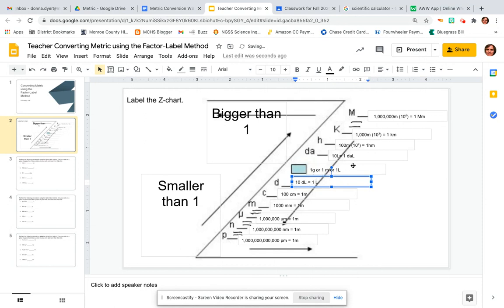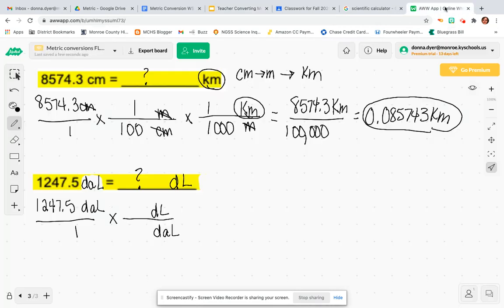So notice again, I do not have a conversion factor that has both deca and deci in it. I'm going to have to use 2. So what do those two have in common? They both have liter in common. So what this means is I'm going to have to switch from decaliter to liter, and then from liter to deciliter.